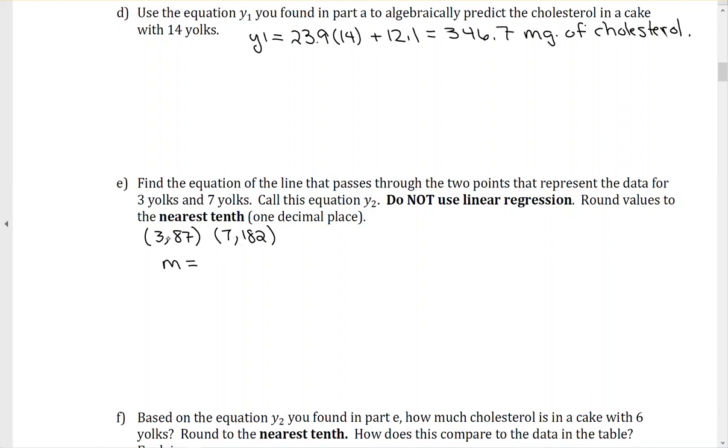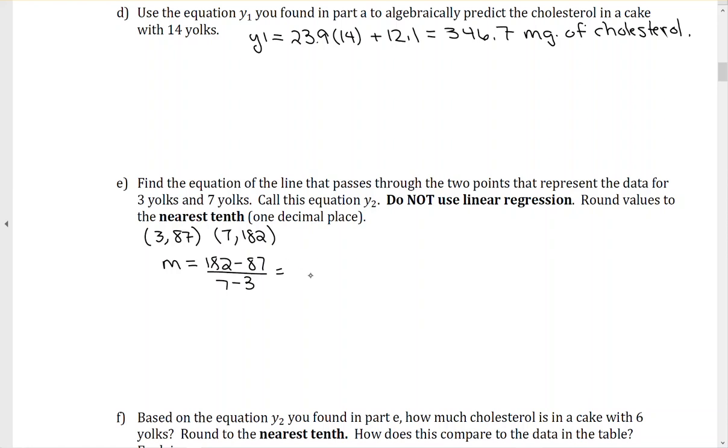So to find the slope, we use our points x1, y1, x2, y2. Do the subtraction and then the division.